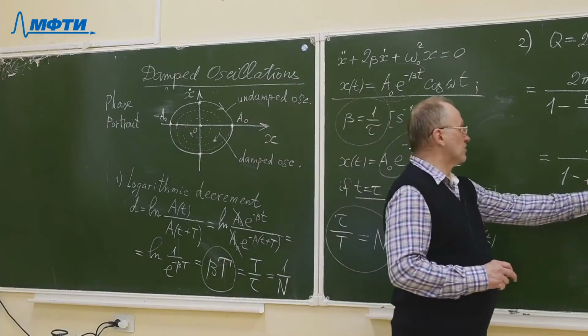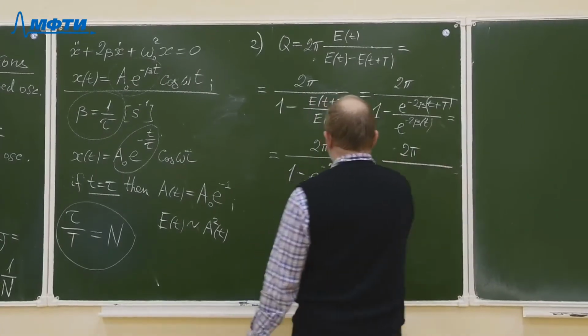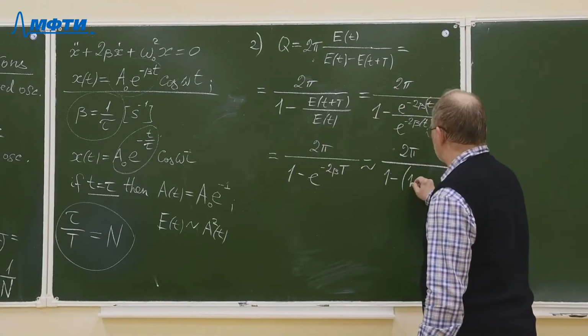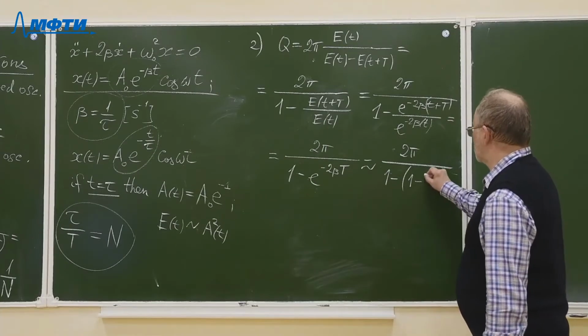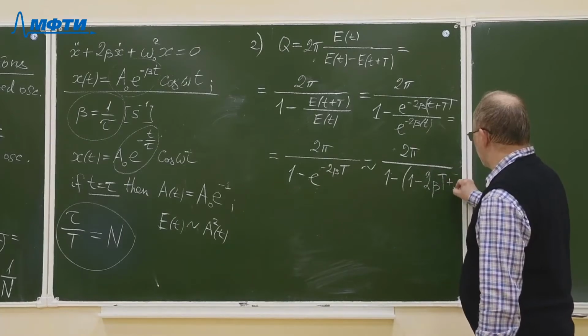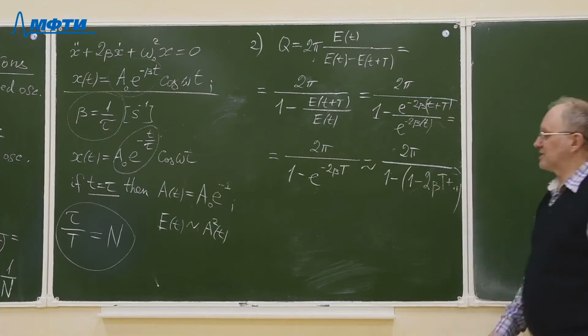If this is very small, then we can use the expansion of the exponent. The exponential function can be expanded into a Taylor series like 1 minus 2 beta T plus, and I will neglect all the other terms here.